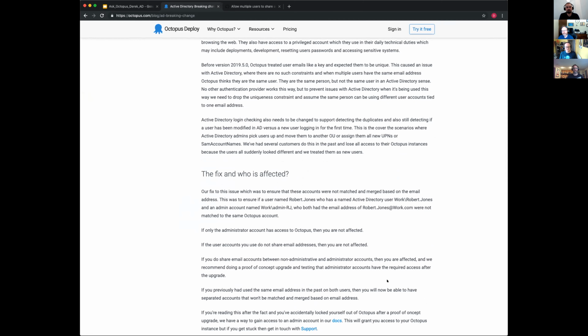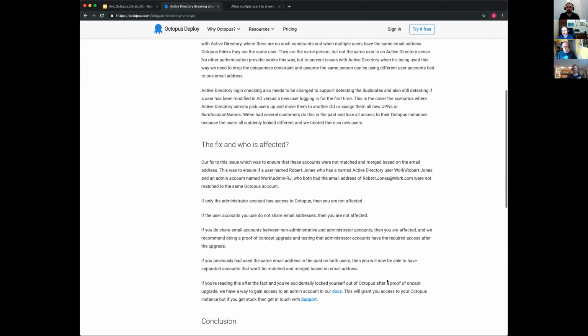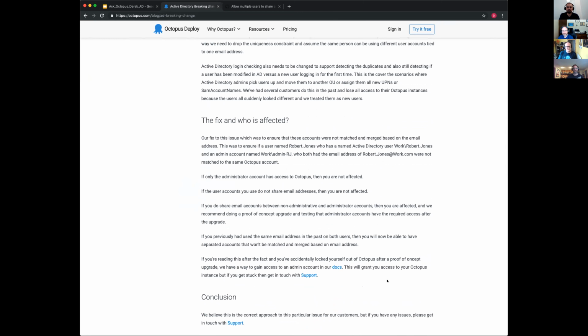Generally, don't give access to your non-administrative account to Octopus where possible. Also, we have in the past asked customers to remove the email. If you do find that you have to share the email, you can now do that and the accounts won't be merged. Have you guys had much of that from your customers?